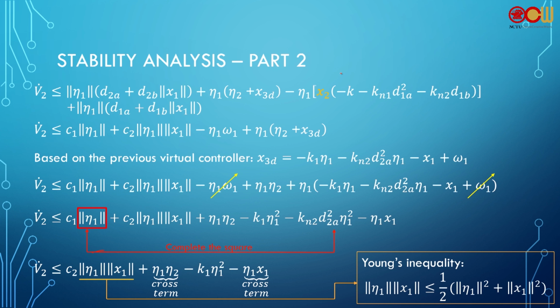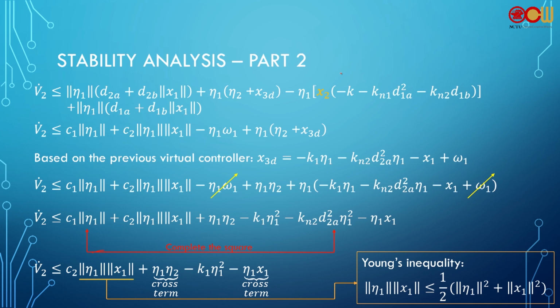Here is only eta 1, right? Here, because it's a product of two norms, you can use Young's inequality to create square terms. And square terms can combine with another square terms. But if there's no product, just eta 1 norm, then you can complete the square with some good terms. That's the difference.